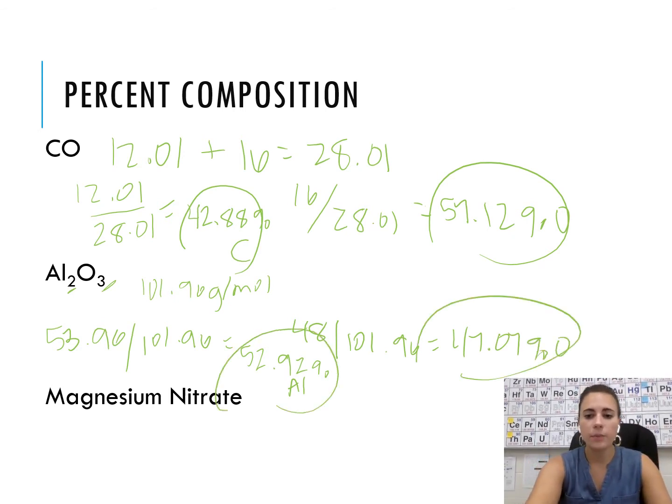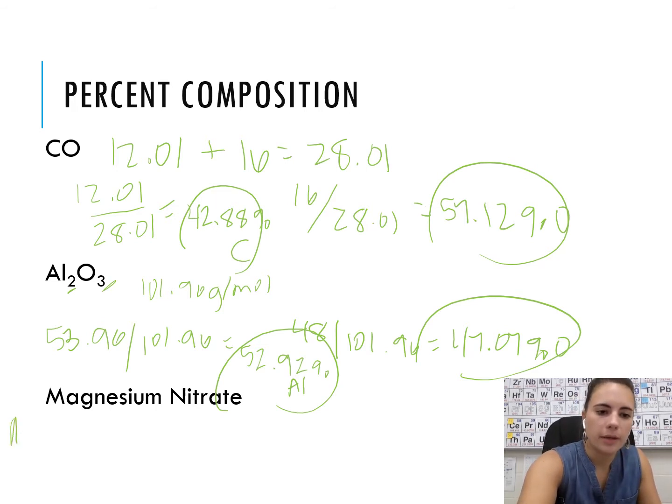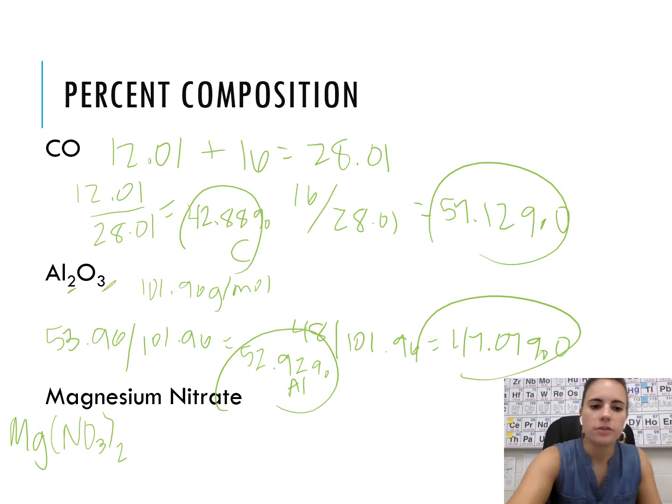All right, finally, we're given magnesium nitrate. Well, I can't begin to calculate molar mass or know how many atoms are of each element until I write the formula. So the formula for magnesium nitrate, magnesium is plus 2, nitrate is minus 1, so I need 2 of them to balance. When I calculate the molar mass, I get 148.3.